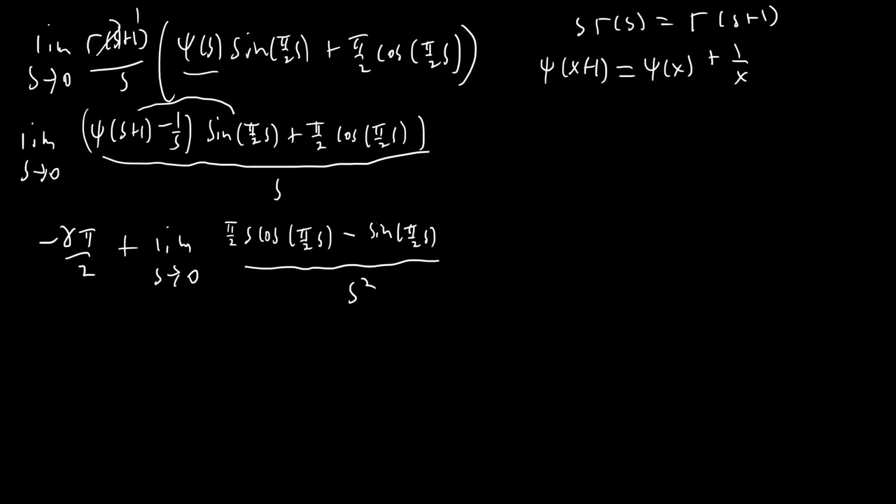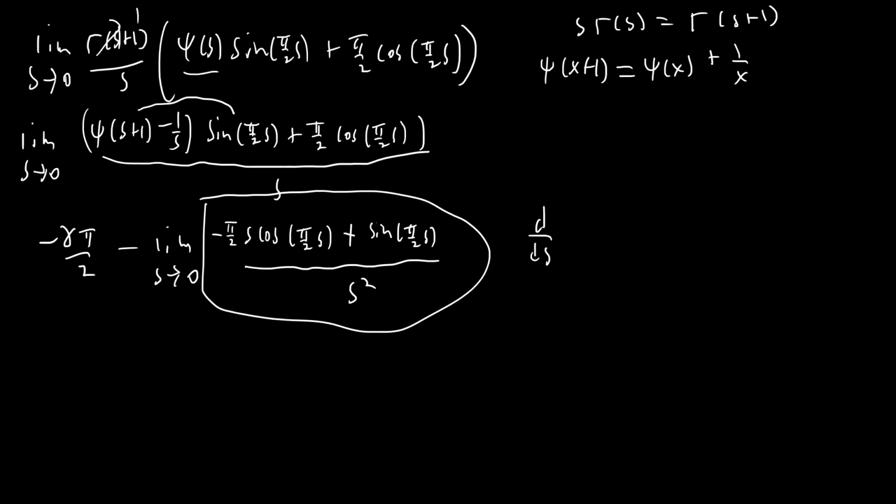And I'm actually going to factor out a negative sign here, and you're going to see why in a moment, because this is actually a really cool situation here. This, in case you didn't realize, on the inside, is the derivative with respect to s of sine of pi over 2s over s. It's just results from the product rule.